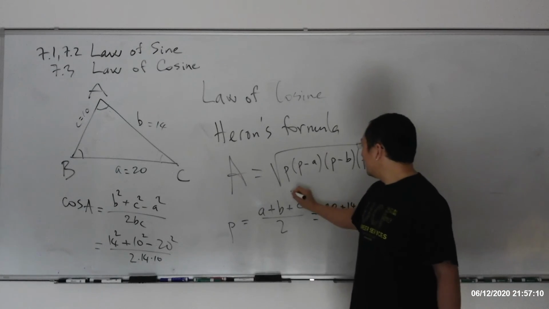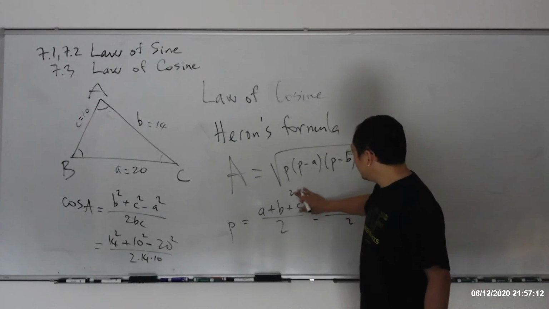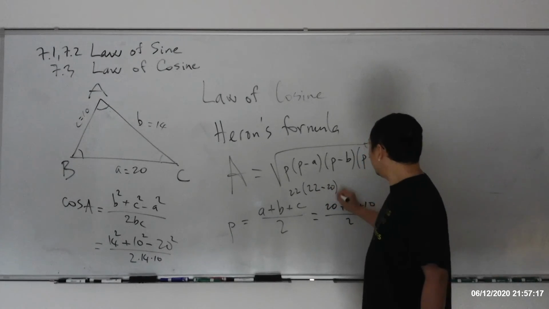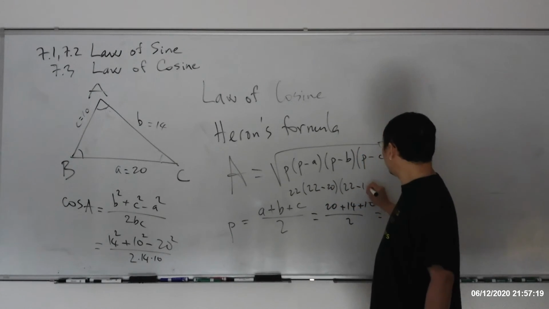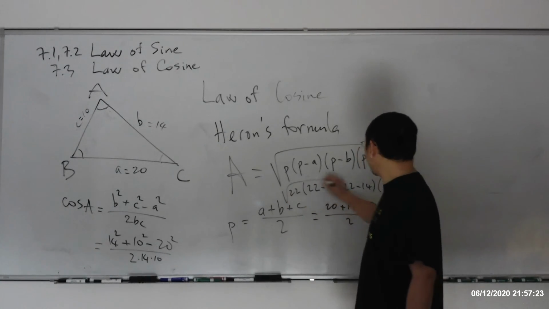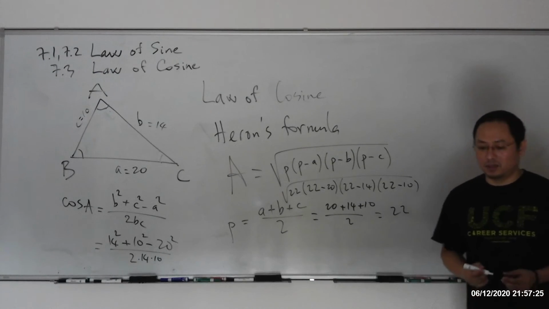So it's 22 times 22 minus A is 20 times 22 minus 14, and then 22 minus 10, whatever you have, you take square root, you have the area of the triangle.